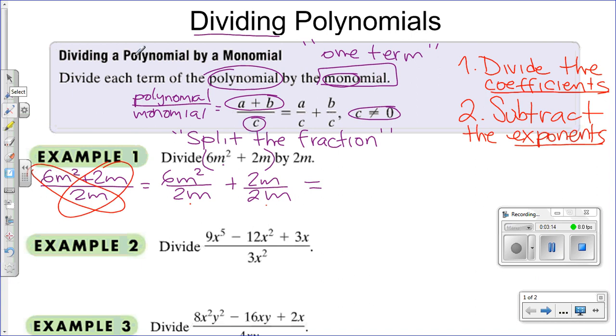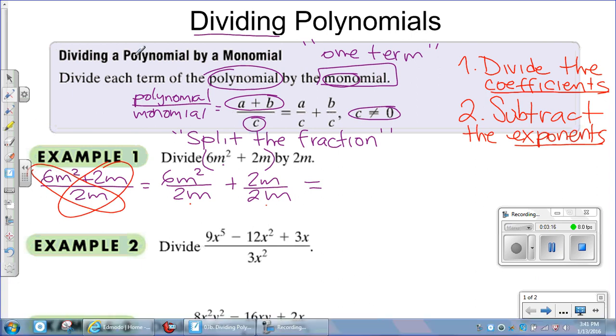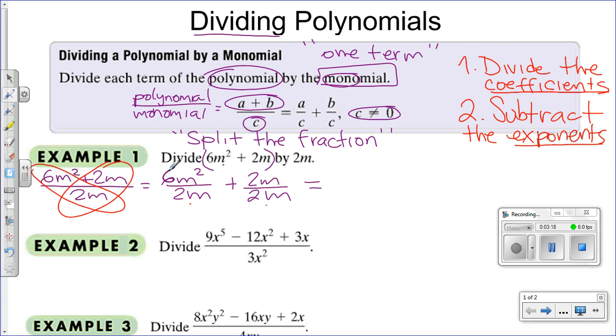So we have here 6 divided by 2. What is that? And m squared divided by m, if I subtract the exponents, 2 minus 1, we get m to the first power, or just m.